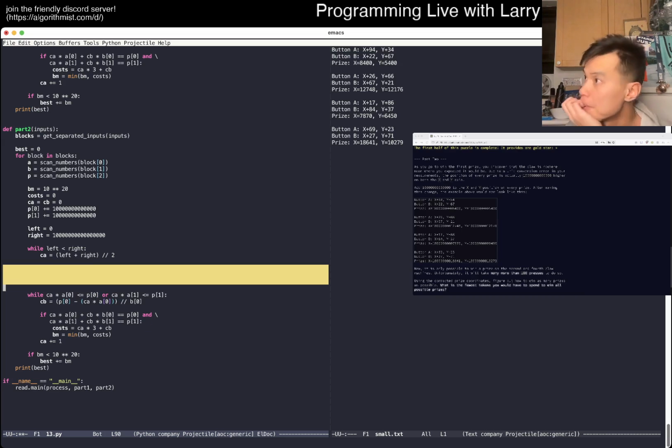How do you binary search? Binary search based off fractions. Would that work? I think my math is just bad. I think this is just math, but I don't know that binary search works.